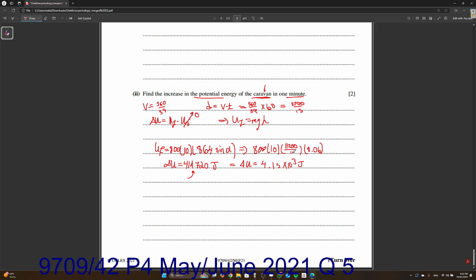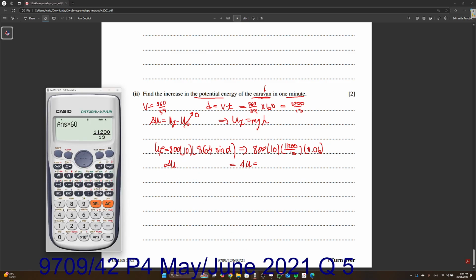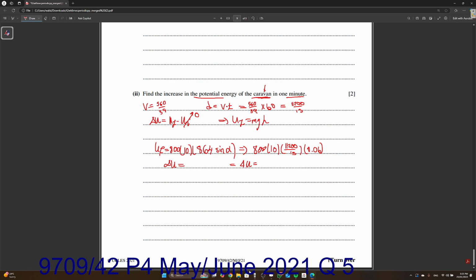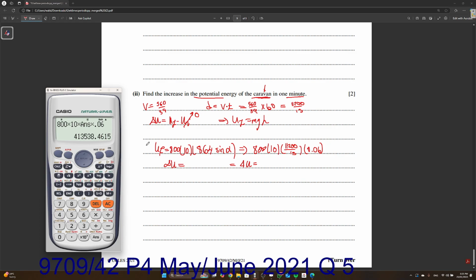And over here we erase this. Let's see how much we get. 800 times 10 times the answer we got times 0.06. You get 413,538. So this is a very long number.